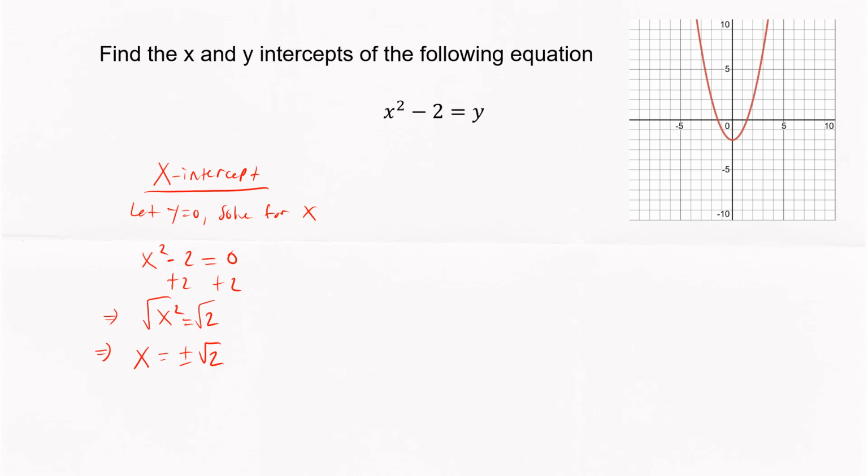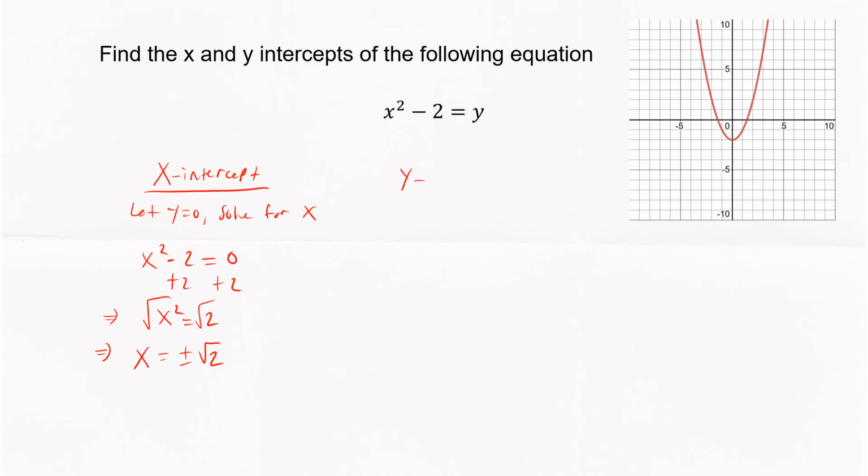So square root of 2 squared or negative square root of 2 squared will always get you 2 regardless. So in this case, we actually have 2 x-intercepts, which lines up with our graph here, because we see an x-intercept on the left of the 0 and on the right of the 0 as well.